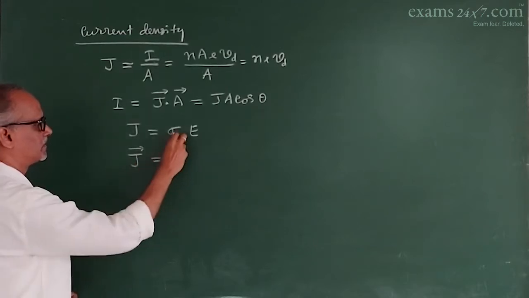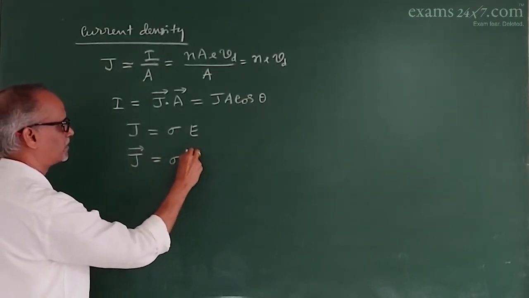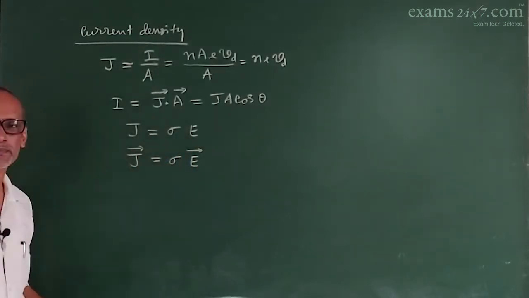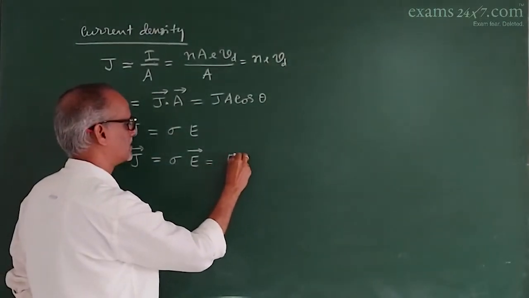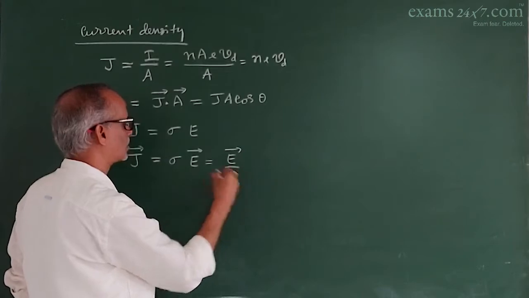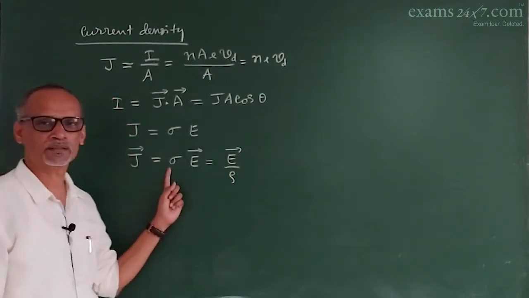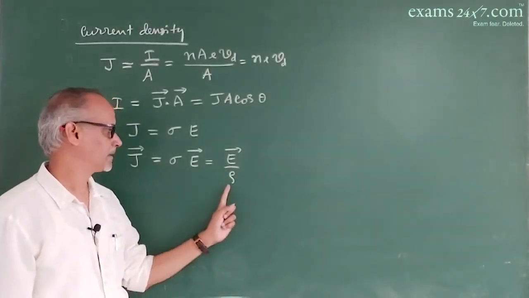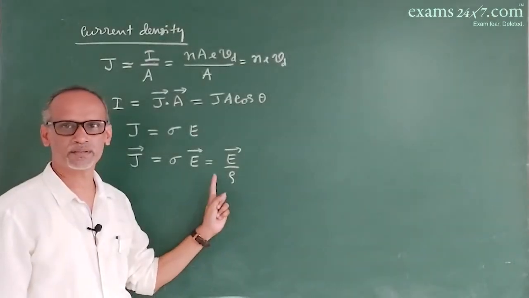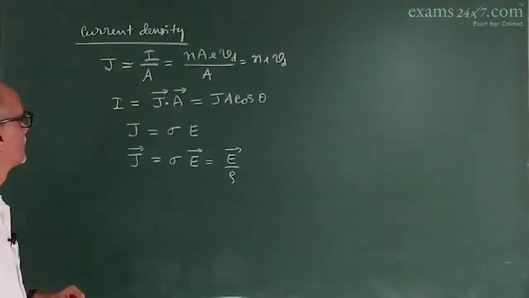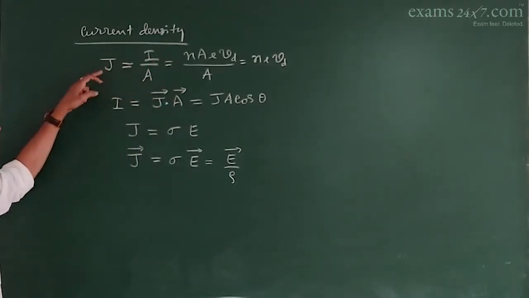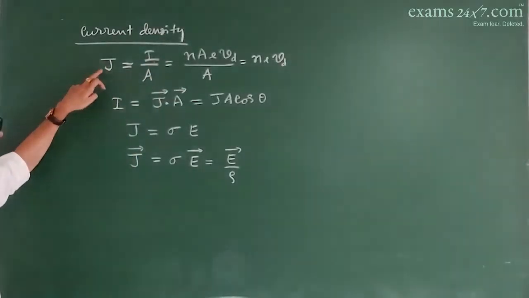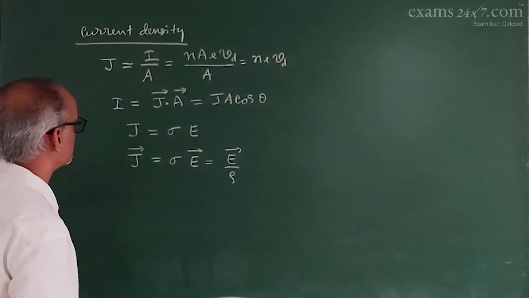Vector J is equal to sigma into vector E, which we can even write as vector E by rho, where sigma is the electrical conductivity, whereas rho is the electrical resistivity of the material. So, current is a scalar quantity, whereas current density is a vector quantity.